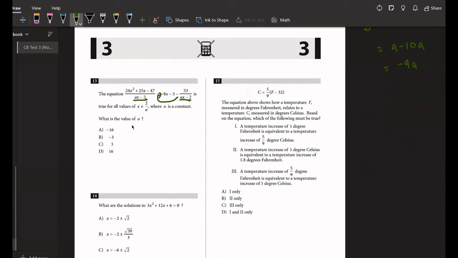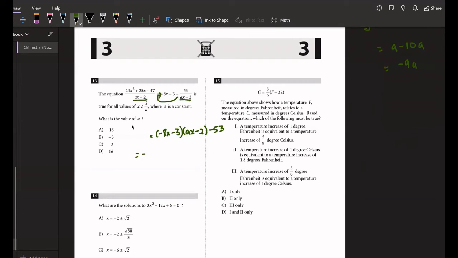So we'll do that. So that is negative 8x negative 3 times ax minus 2 minus 53, and over it is basically ax minus 2, which gets cancelled with this term, right? So we're not going to write that.